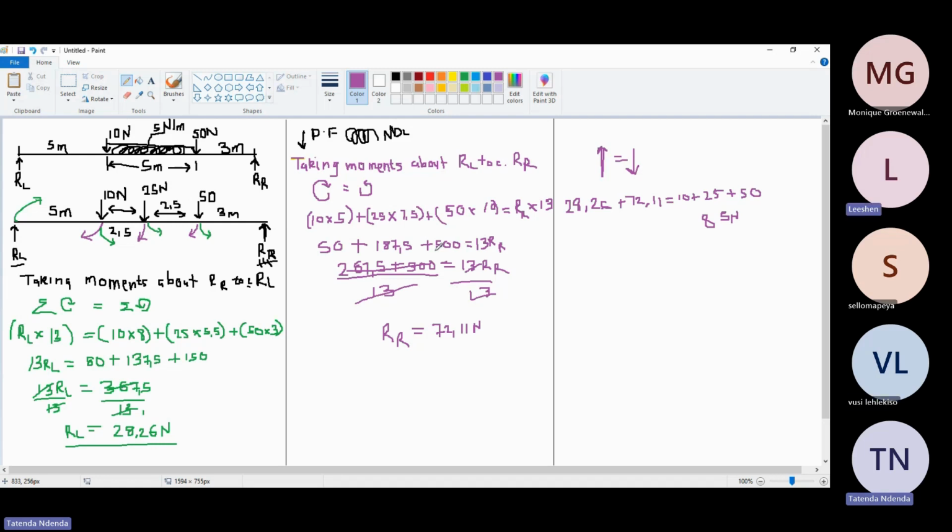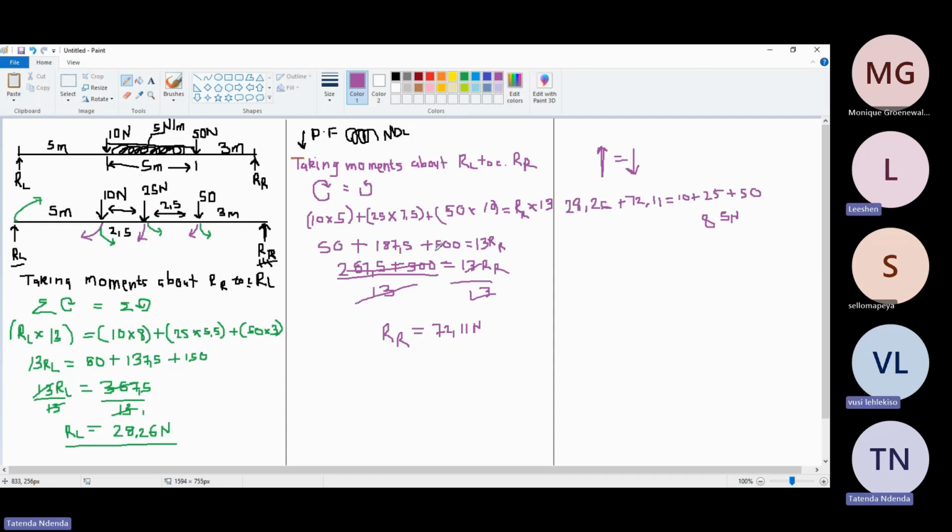Can you just go through the punching parts? Taking moments about RL to get RR.